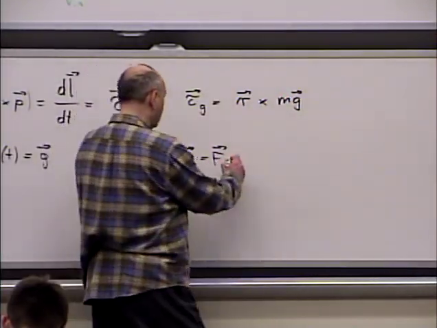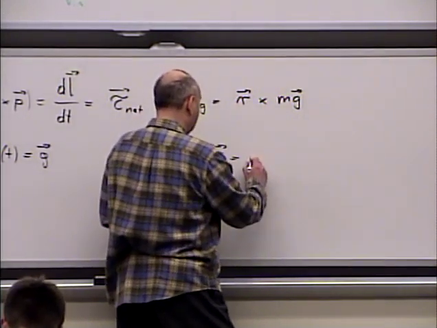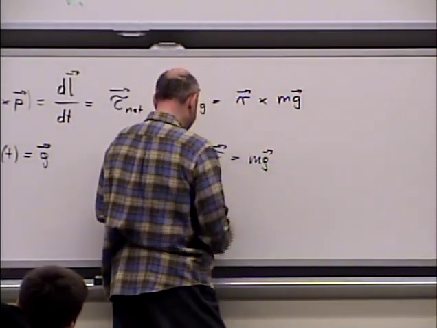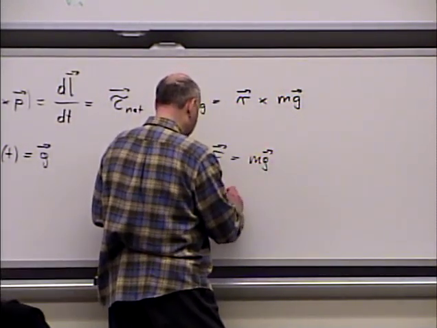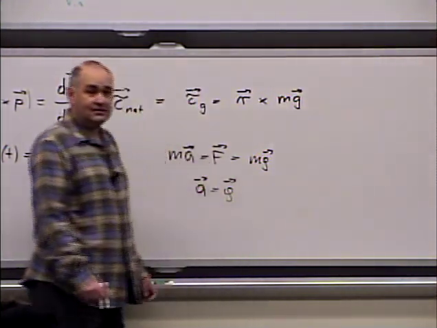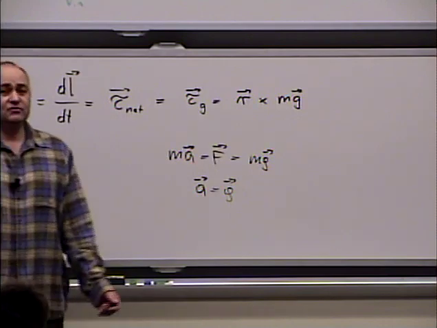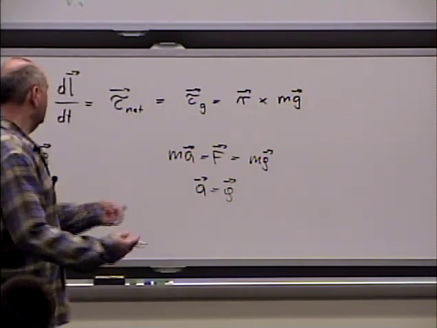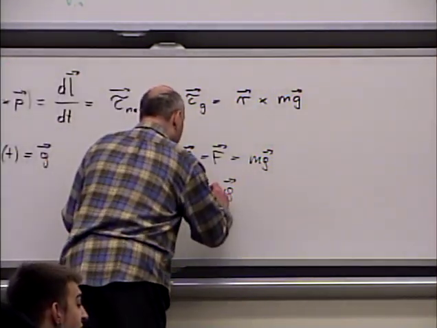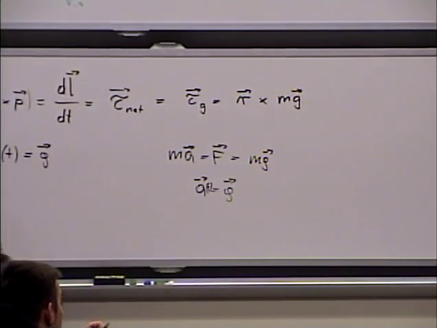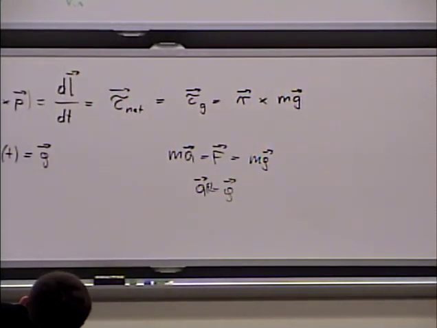Right? Now net force is just gravitational force, which is mg. Well, so I conclude that acceleration is equal to acceleration due to gravity. See that it doesn't matter which version of Newton's second law I used, I always got to the same expression for the acceleration.